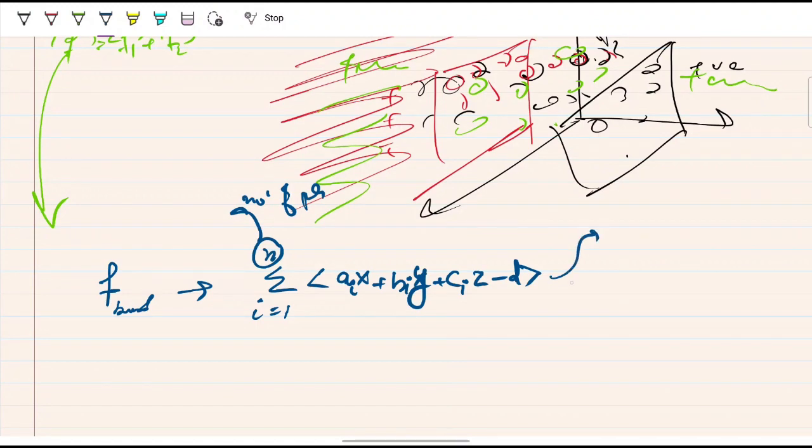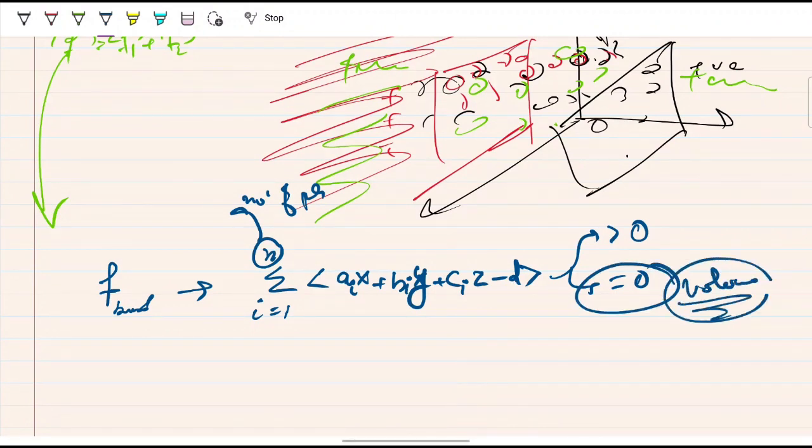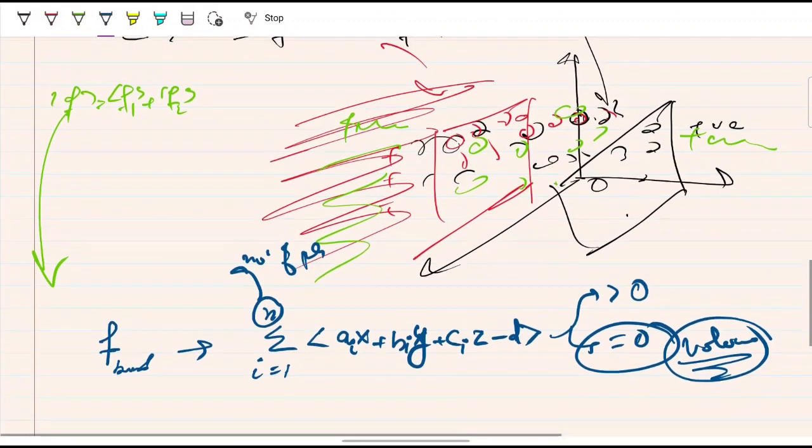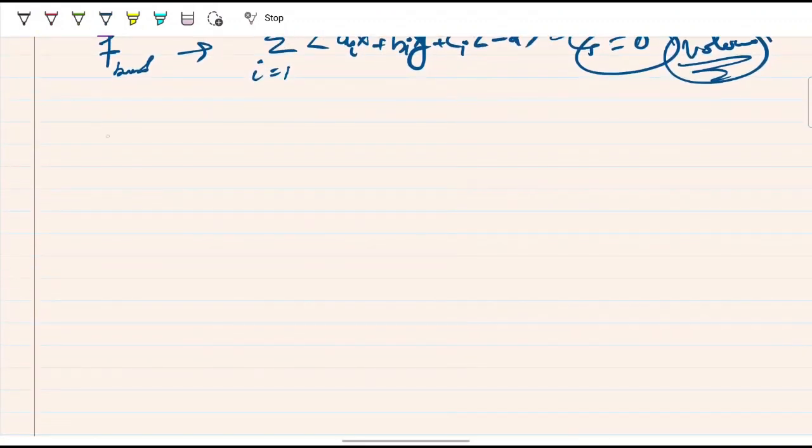This takes how many values? Two values: greater than 0 and equal to 0. For equal to 0, it's the volume enclosed. Now we just have to code this up in Matlab, and you will be able to visualize this. So with a number of surfaces, you can enclose a body of any shape.